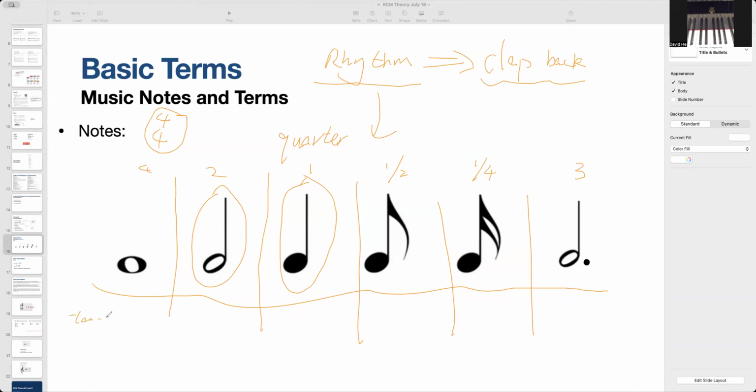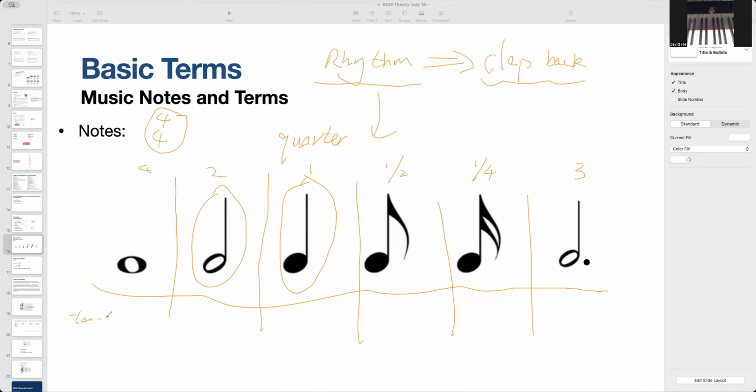The pitch is how high or how low a note is, where you can play it on your keyboard. That's the pitch. So for example, a note, no matter whether it's a whole note or a half note or a quarter note or something like that, if it's in here in the middle, we call it middle C.